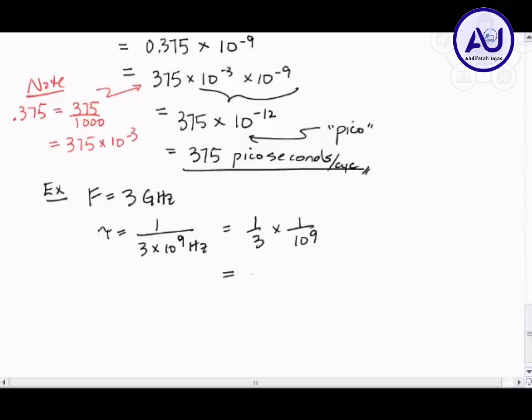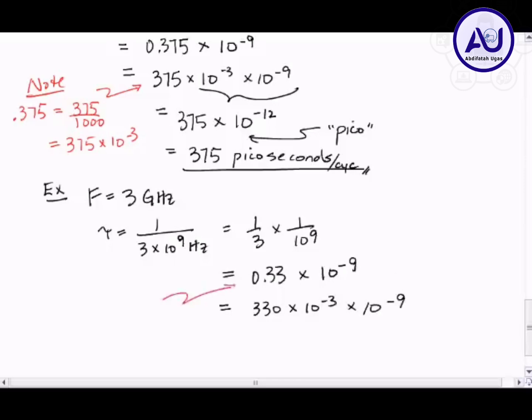So 1 over 3 we specify as a repeating decimal, 0.33 times 10 to the minus 9. So let's rewrite this as 330 times 10 to the minus 3 times 10 to the minus 9.